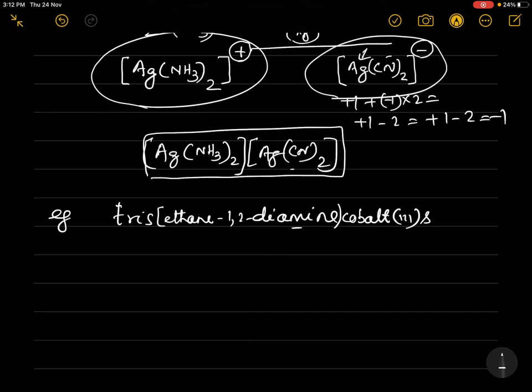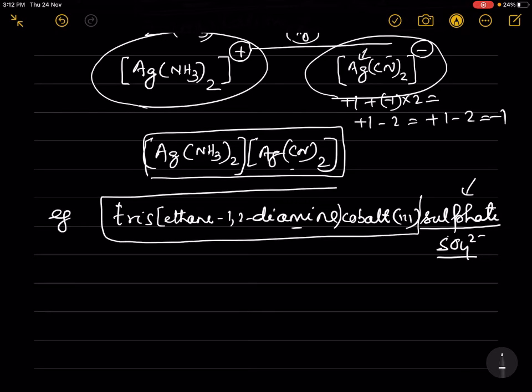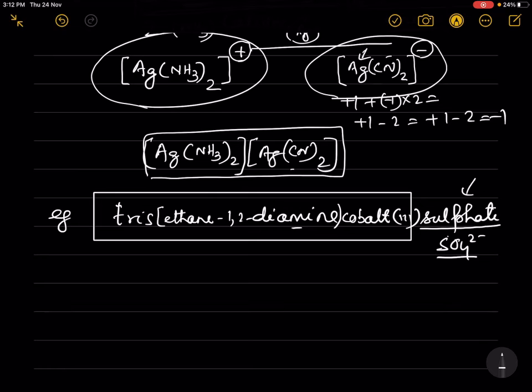Sulfate is not a complex part, but this is SO4 2 minus, meaning the anionic part. So this part is the coordination entity. This part is the coordination entity.